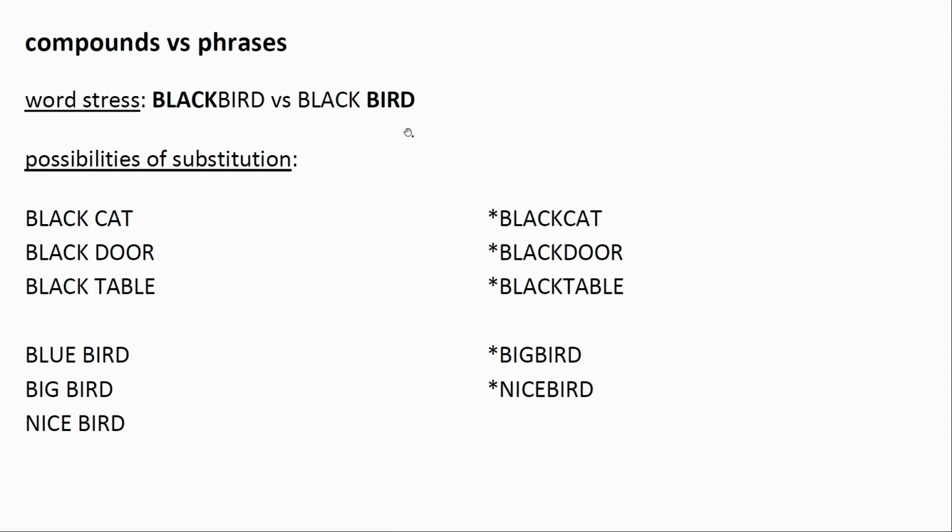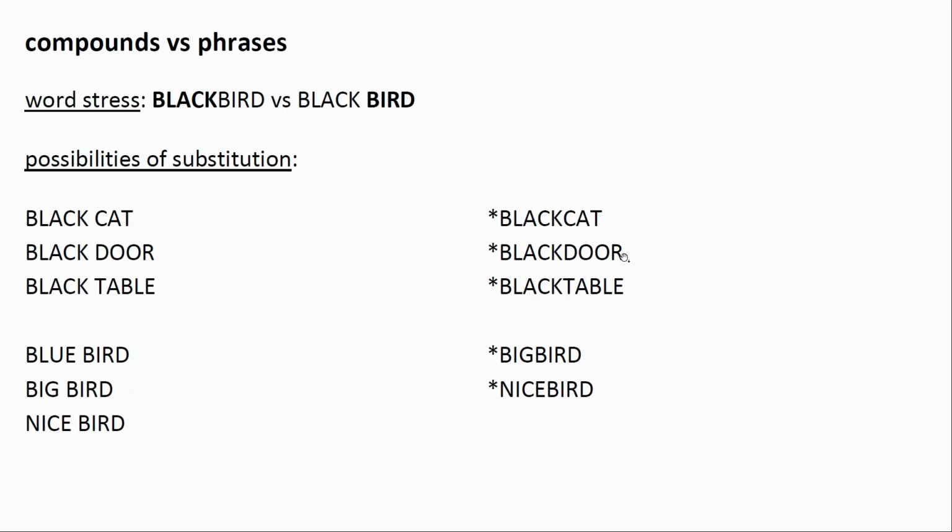Let's try the phrase first. You can substitute either the first or the second word and still obtain something meaningful. Black cat, or black door, or black table. Or, substituting the first part, blue bird, or big bird, or nice bird.